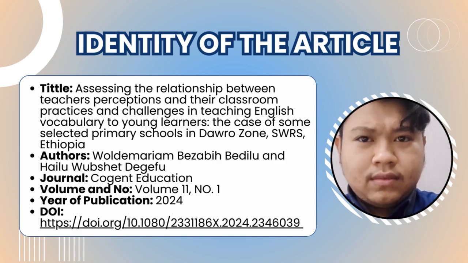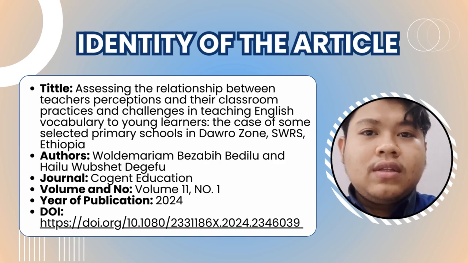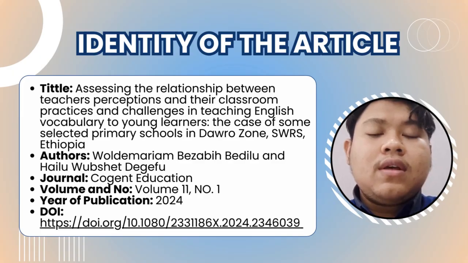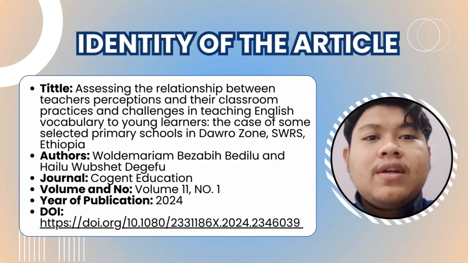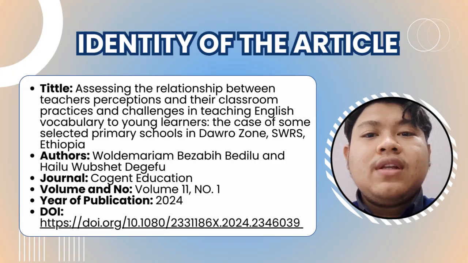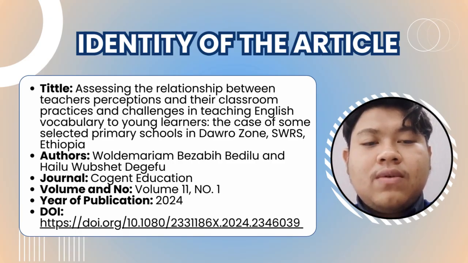The title of this article is Assessing the Relationship Between Teachers' Perceptions and Their Classroom Practices and Challenges in Teaching English Vocabulary to Young Learners: The Case of Some Selected Primary Schools in Dawro Zone, SWRS, Ethiopia.